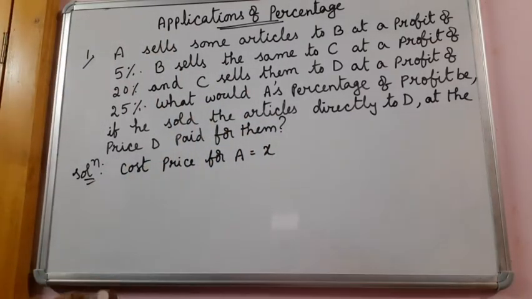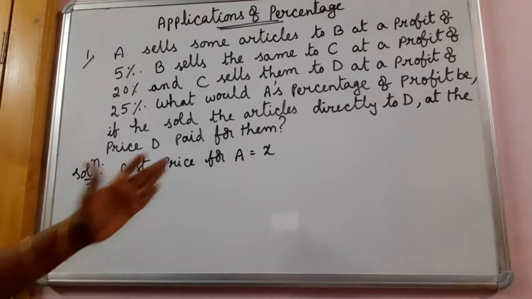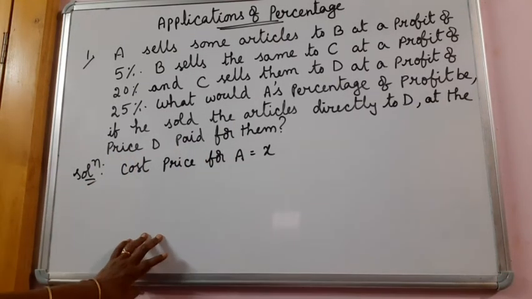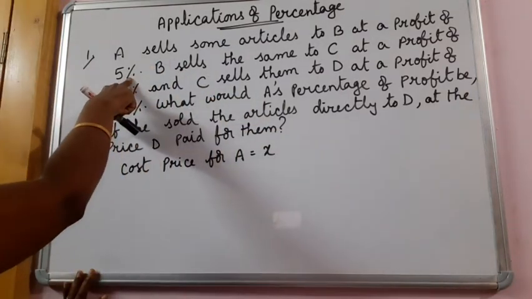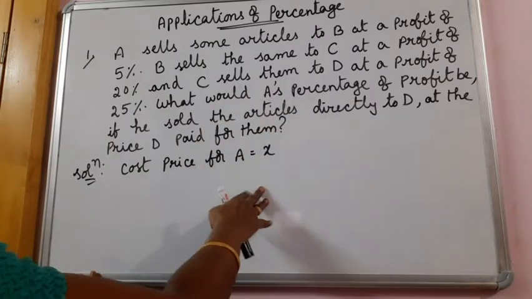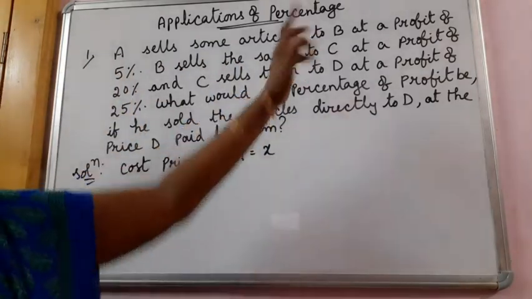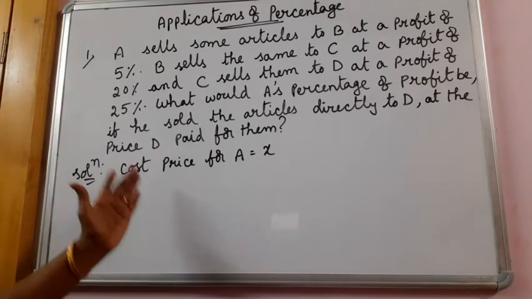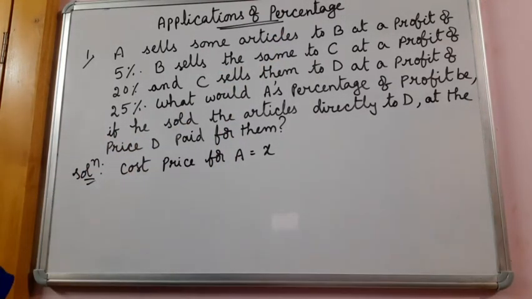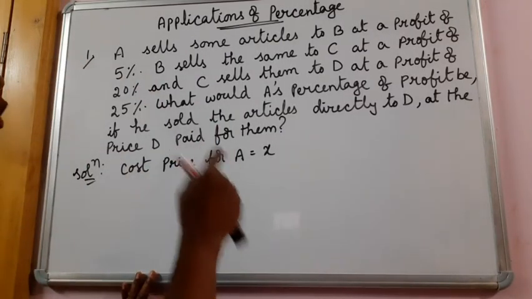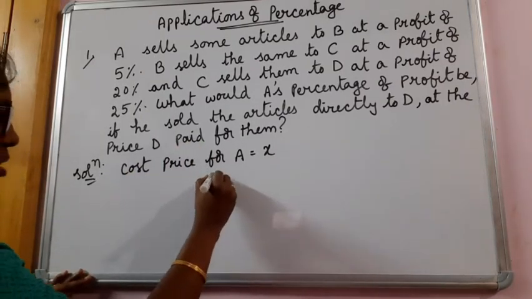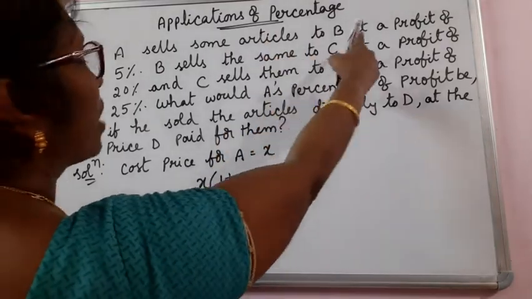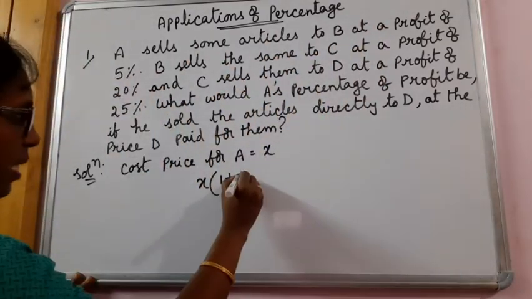Okay? So if the cost price for A is X, the selling price of A will be X into 1 plus 5 by 100, because X plus 5% of X is the selling price of A. That is the cost price of B. So the selling price of A will be the cost price of B, and B sells at that price to C. See, without writing anything, I am writing here X is the cost price of A. A sells to B at a profit of 5%.